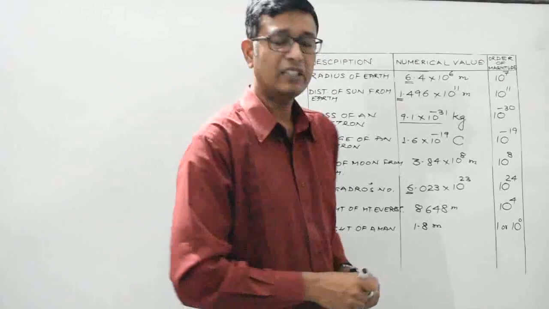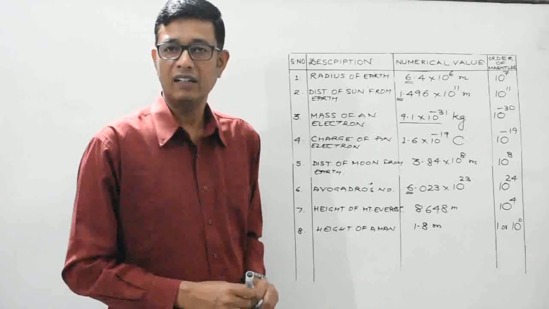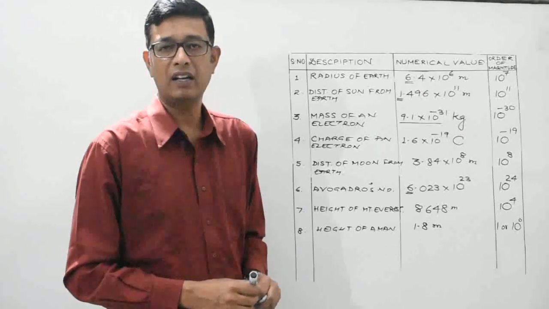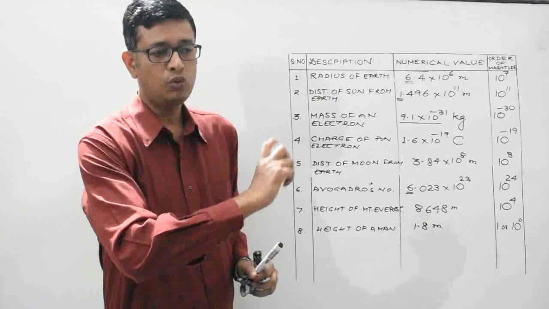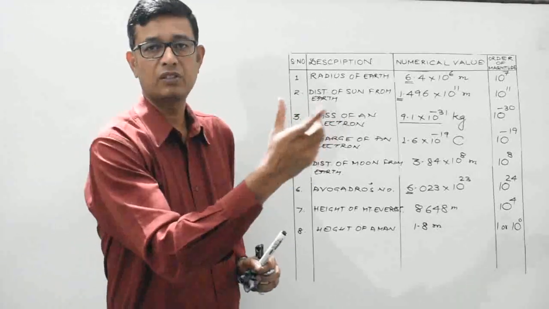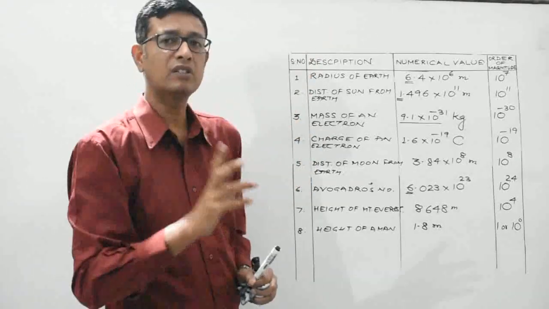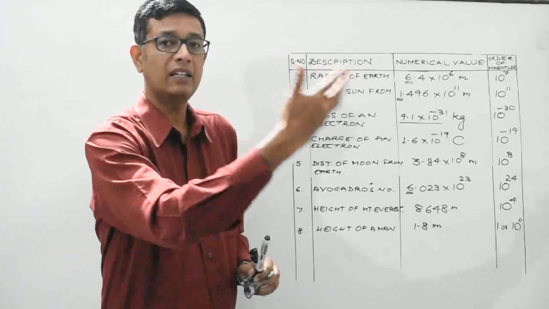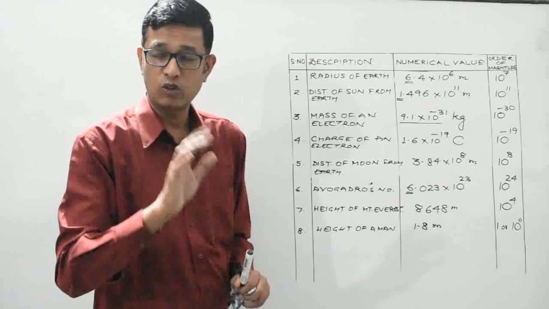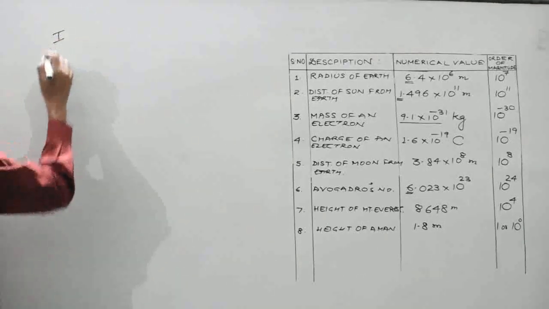So let us assume the angle of parallax, subtended by two diametrically opposite points on the equator of the earth by any heavenly body is 1 second. What will be the distance of that heavenly body? Right? So my question is, listen to me very, very carefully. Let's try this first question.